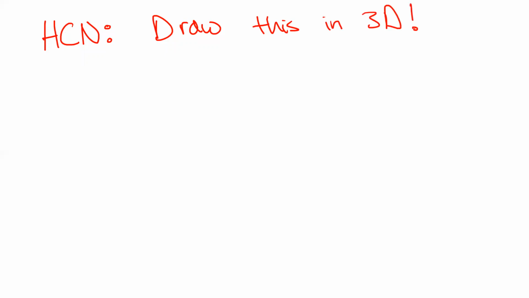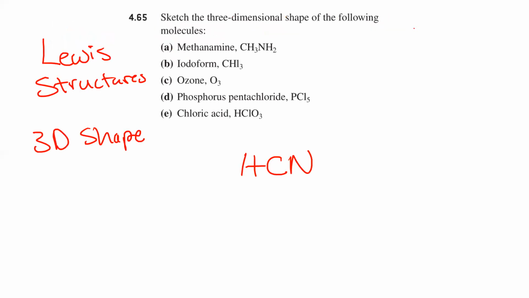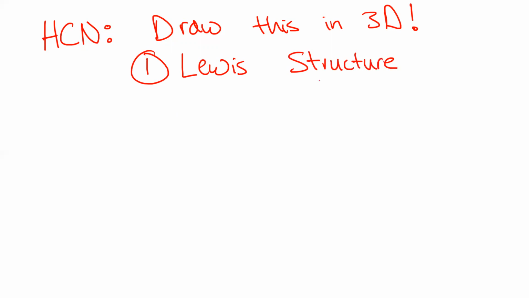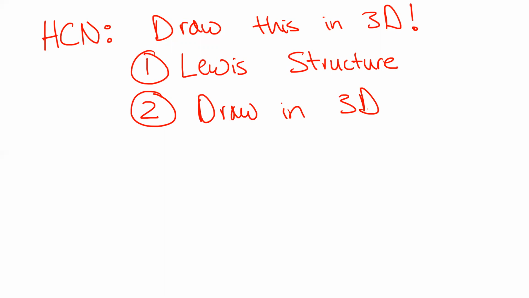That's the goal, right? Looking back at the question, sketch the three-dimensional shape of the following molecules. So first of all, we need to come up with the Lewis structure. There are two basic steps here: draw the Lewis structure, and then draw in 3D, assuming there is a third dimension to the structure.